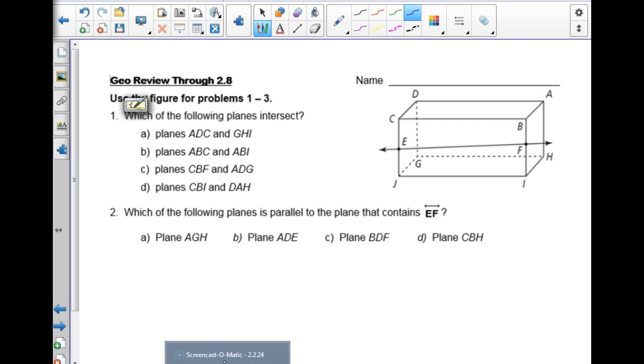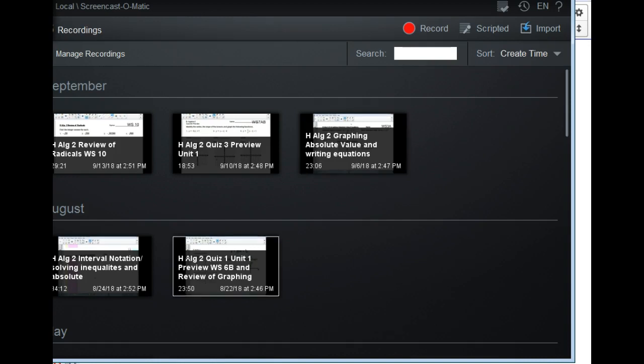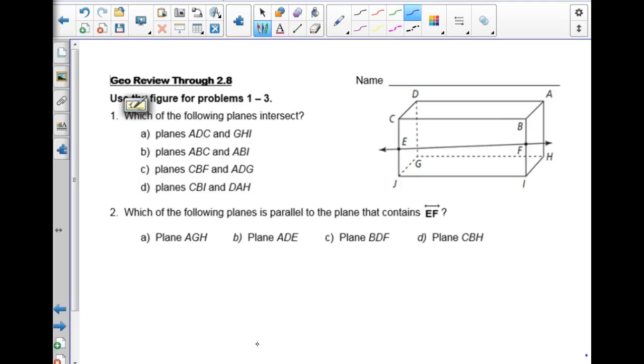Timer timeout. If I can get it to turn off. My little thing's not popping up here. I need to get this.